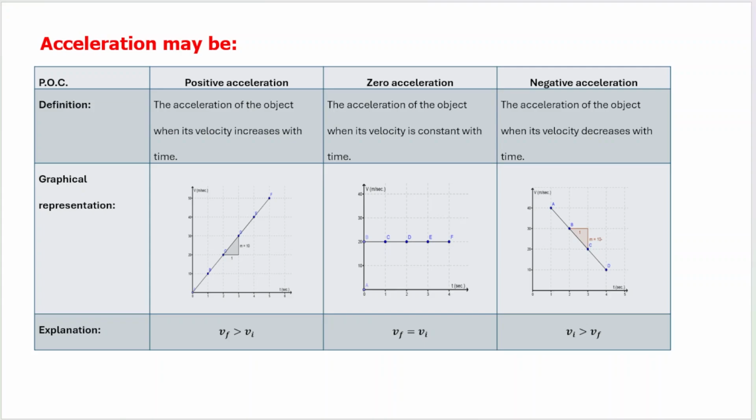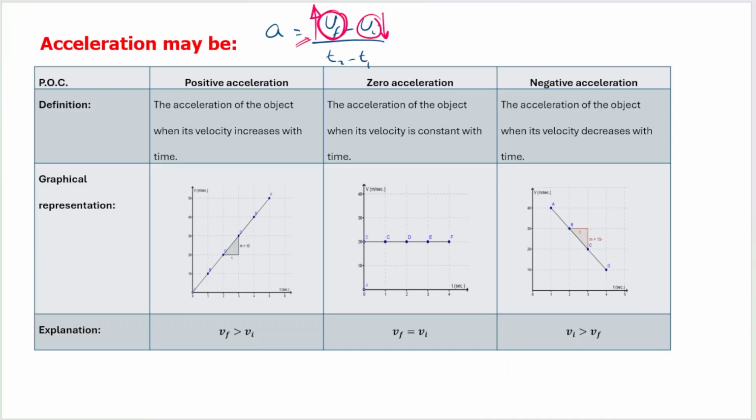We have types of acceleration. We can classify acceleration into uniform acceleration and non-uniform acceleration. But also, according to the value, we can classify acceleration into positive acceleration, negative acceleration, and zero acceleration. Acceleration is equal to final velocity minus initial velocity over t2 minus t1. If the object is speeding up, its final velocity is higher than its initial velocity.